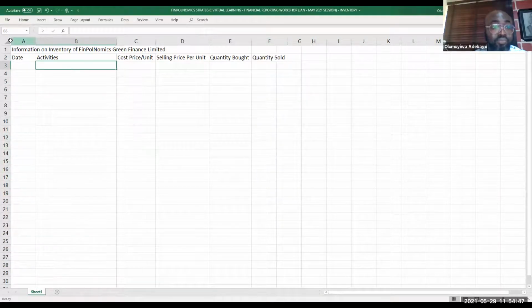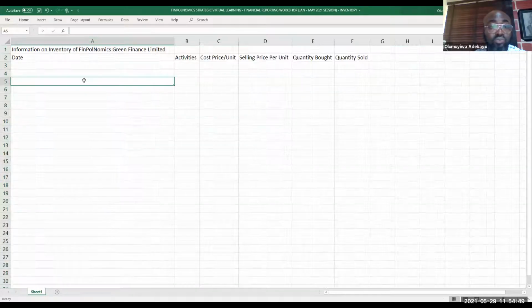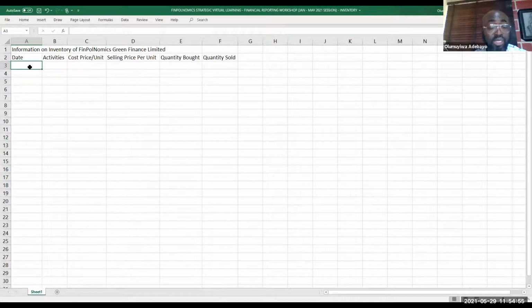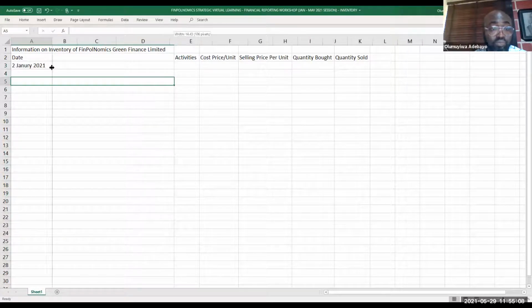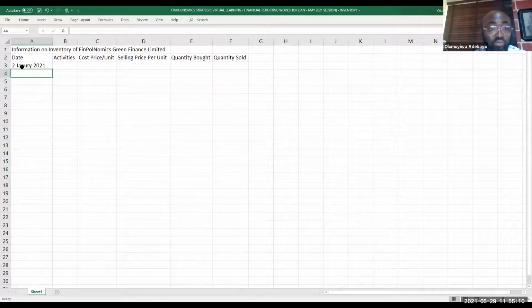This information made available. Let's say this is 2nd of January 2021. This, 5th of January 2021.